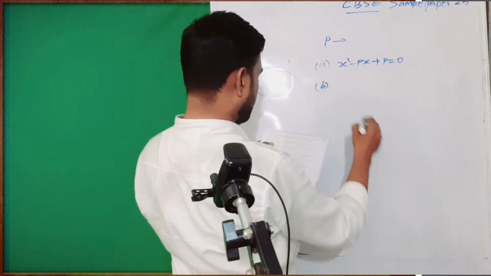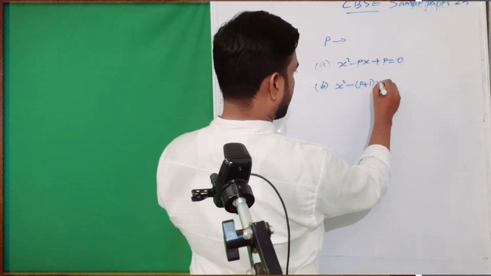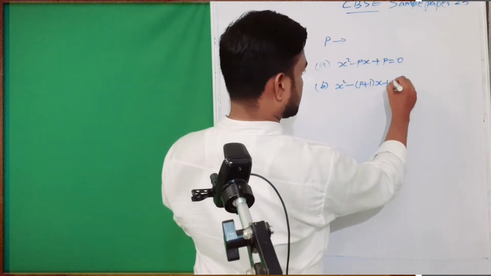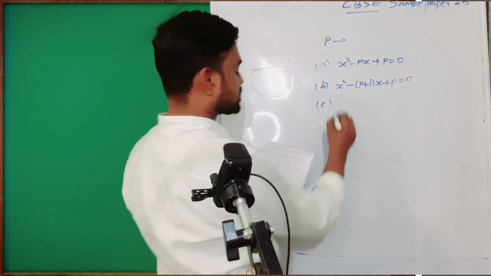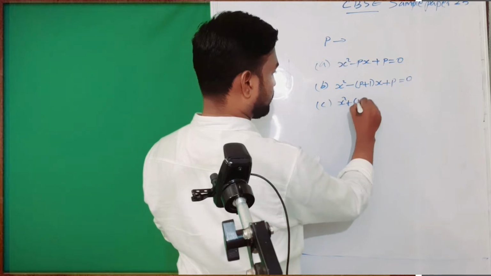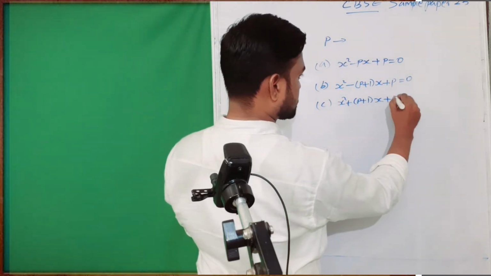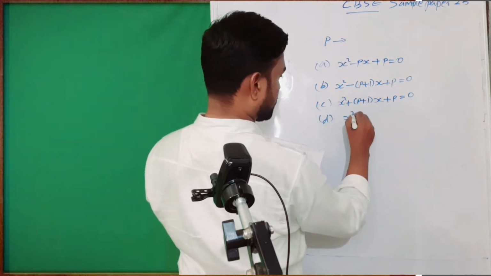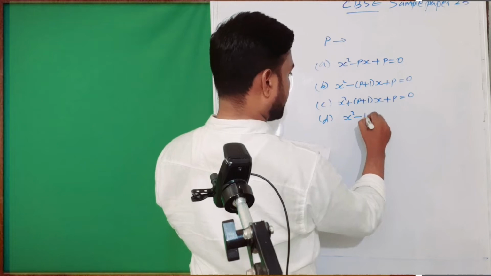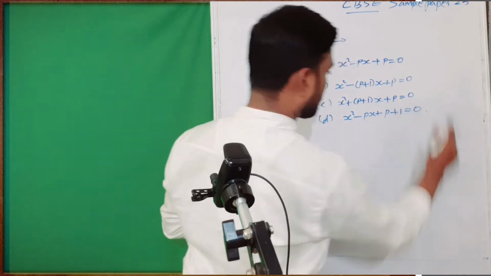Option B, x square minus of p plus 1 into x plus p is equal to 0. Option C, x square plus p plus 1 into x plus p is equal to 0. And option D, x square minus px plus p plus 1 is equal to 0.